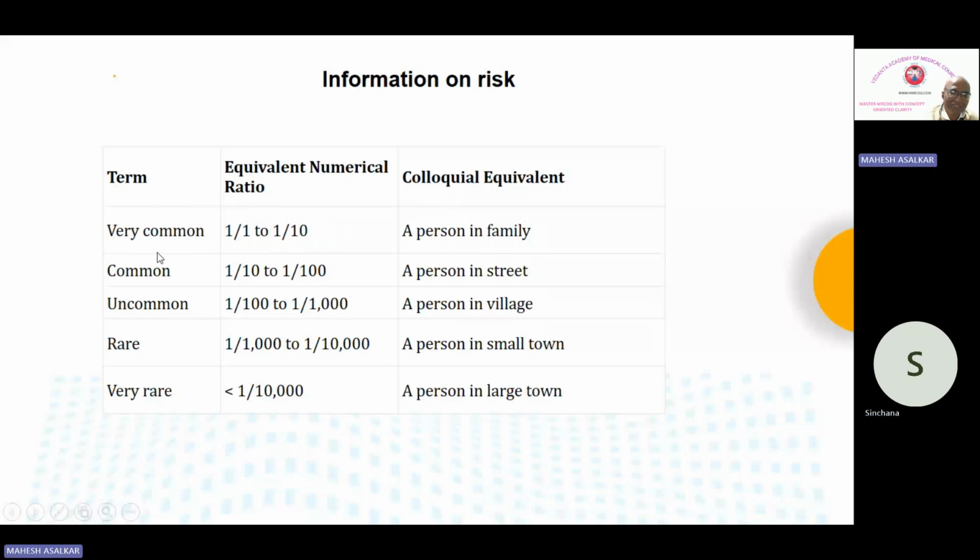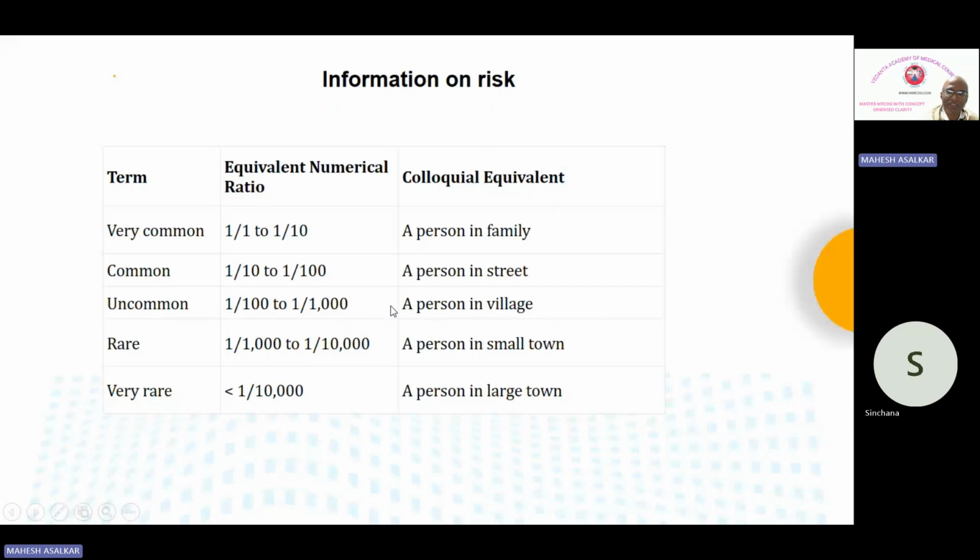Then we have the common risk, which is described in numerical terms as 1 in 10 to 1 in 100. In colloquial language, a person in the street is likely to have such and such condition. Same about uncommon, from 1 in 100 to 1 in 1000.